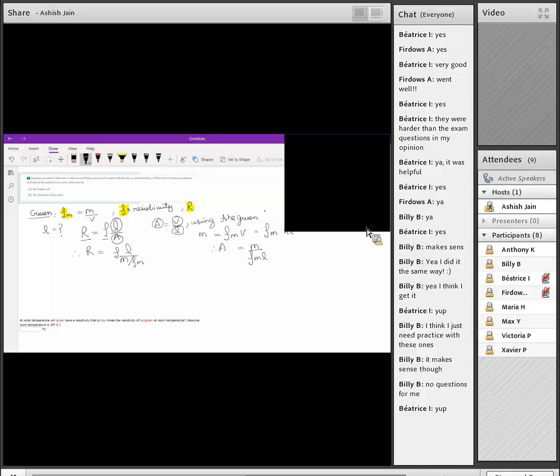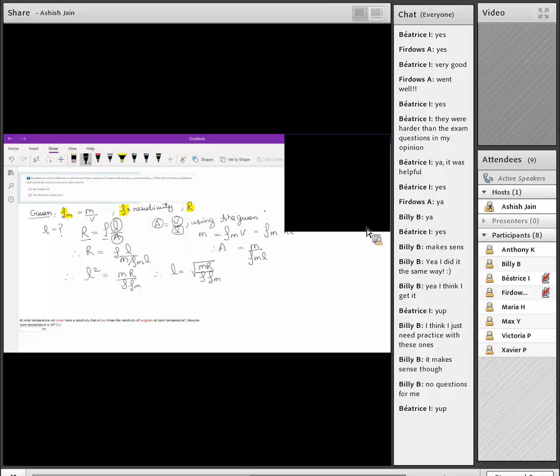Therefore R can be written as rho L by m divided by rho m into L. Therefore L square is given as m R by rho rho m, and L can be written as the square root of that.